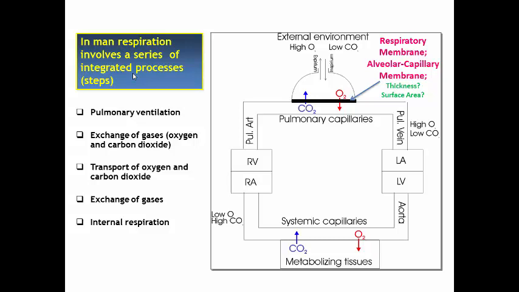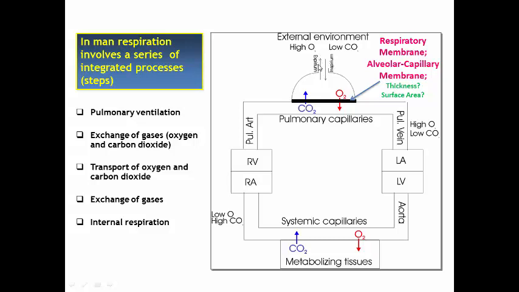The first step in respiration in humans is pulmonary ventilation. By pulmonary ventilation, we mean the inflow of air during inspiration and the outflow of air during expiration. In other words, we mean the breathing movements of inspiration and expiration.